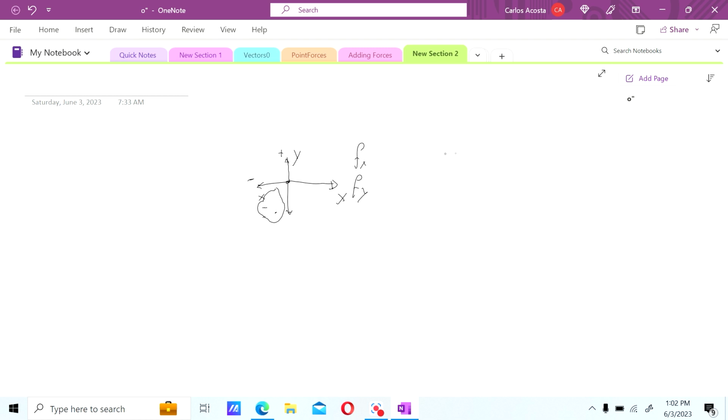But for the magnitude of the force, there's a concept that we haven't mentioned. Say you have a column, okay? If you put a force on it, this is called a compression force, and it's a negative force. So the magnitude of the force is negative.